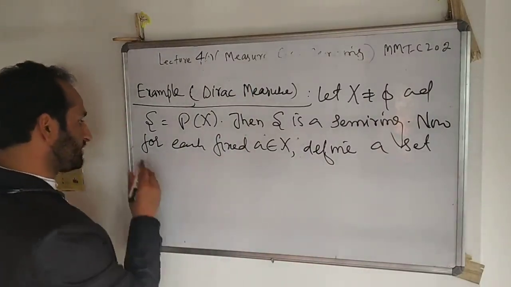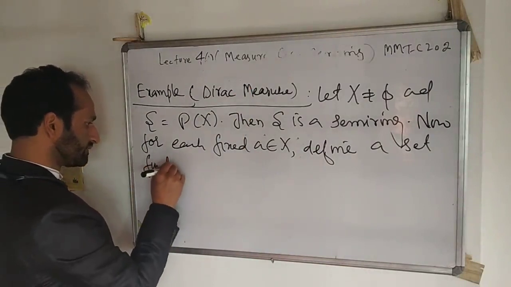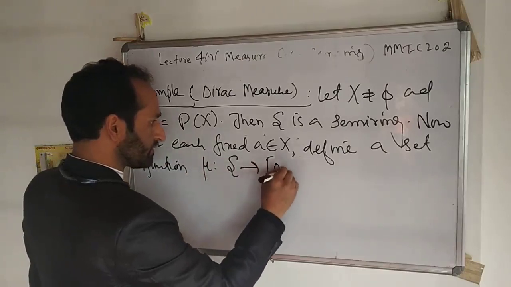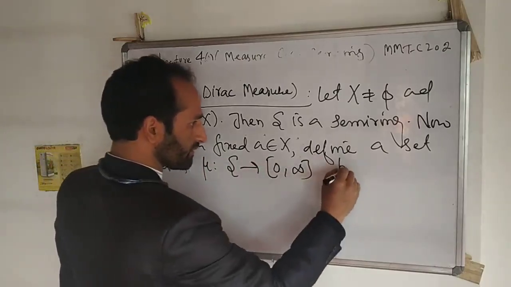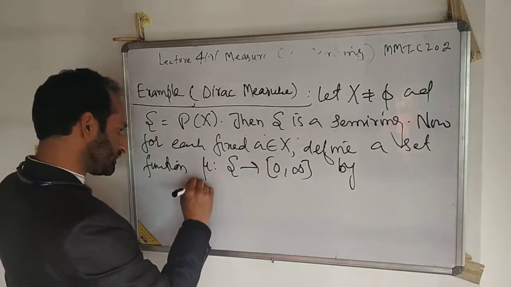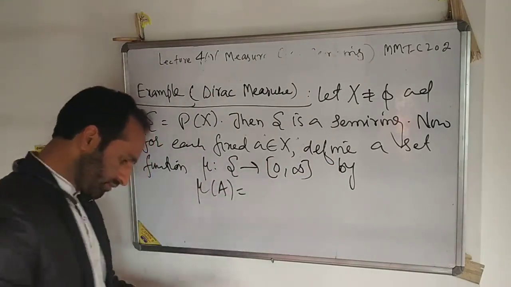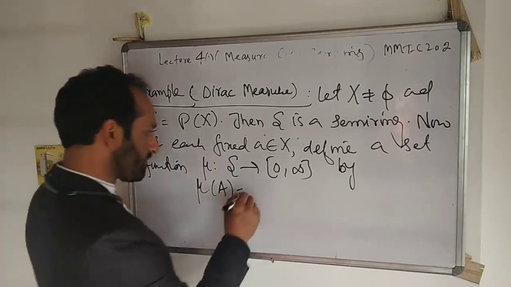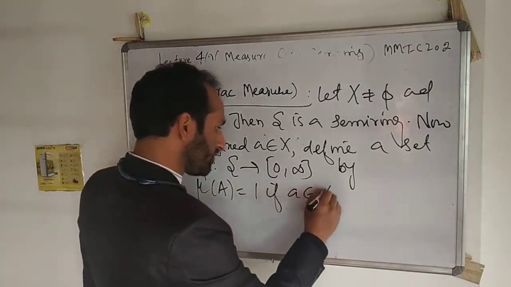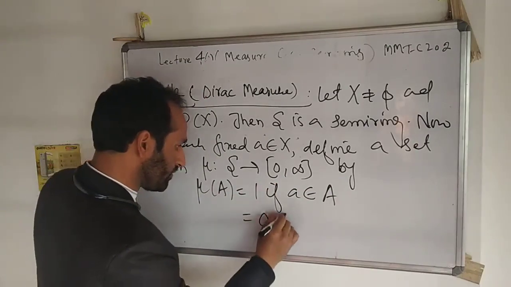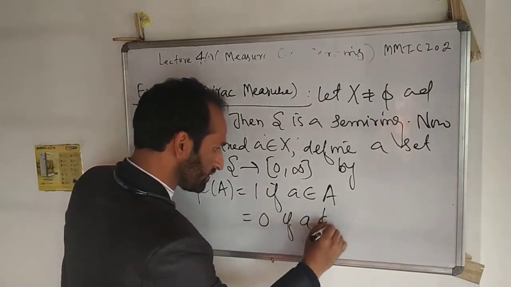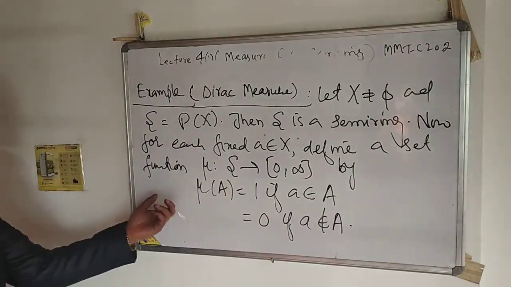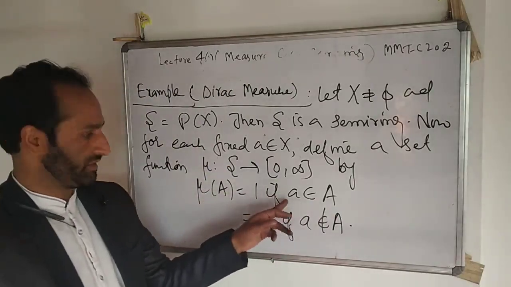Define a set function mu from S to [0, infinity] by mu of A is equal to 1 if a belongs to A, and it's equal to 0 if a is not in A.